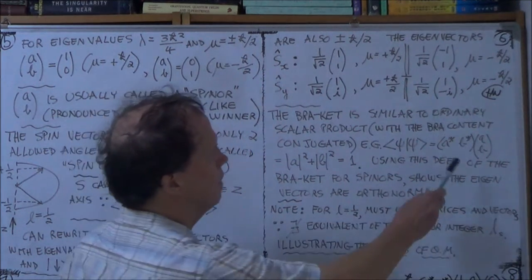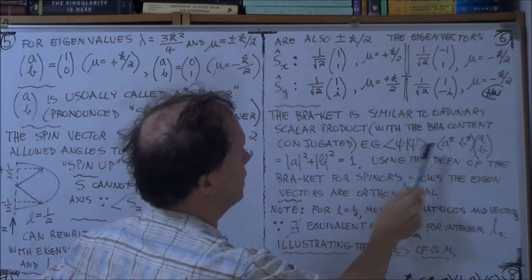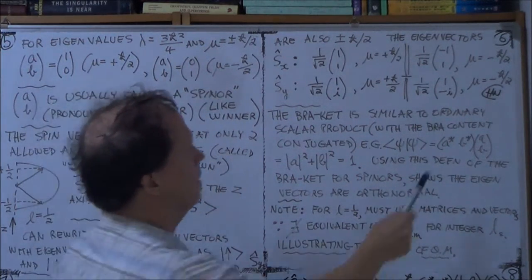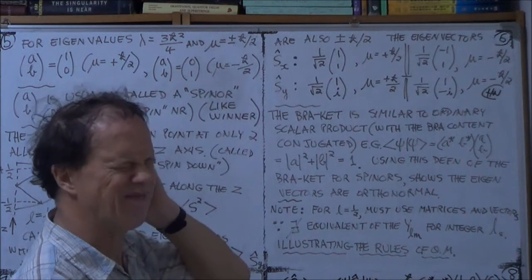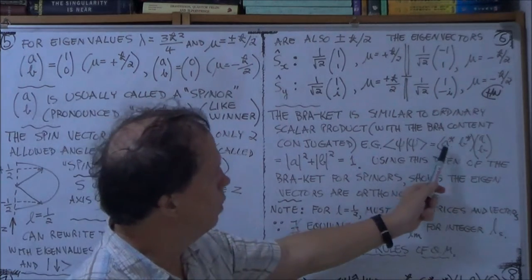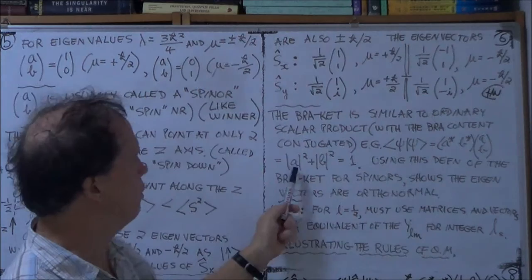So the bra form here, you just conjugate. If you're trying to find the bracket of psi, do it this way, where this ket here is a spinner, a two-component spinner. And it's just matrix multiplication, right? You multiply this matrix by that matrix and you get a squared plus b squared.